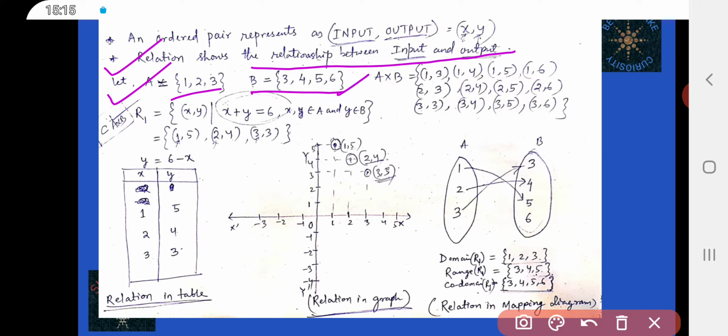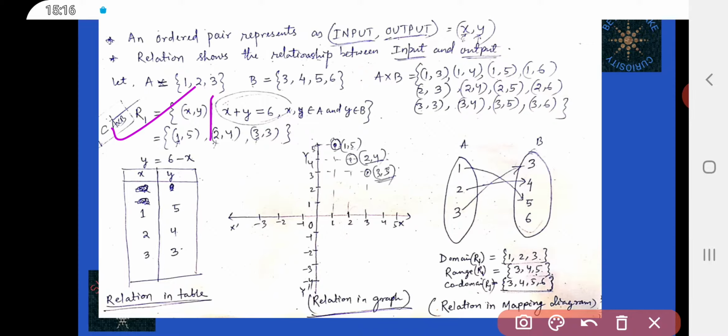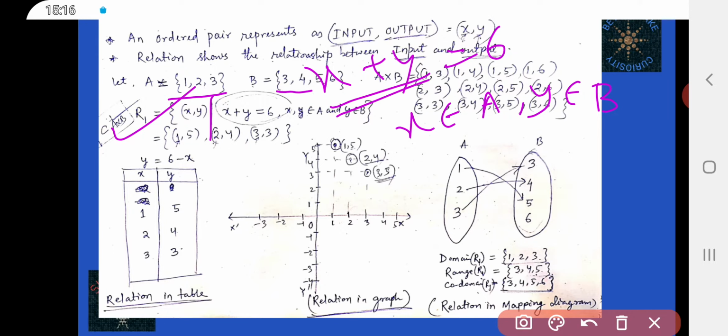So you can write A cross B, as the relation is from A to B. Okay, and write a relation (x, y) such that x plus y is equal to 6, where x belongs to set A and y belongs to set B. So you choose an element from A and an element from B such that x plus y is equal to 6.